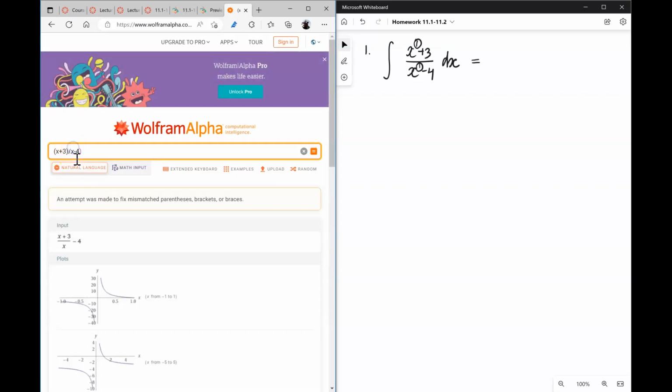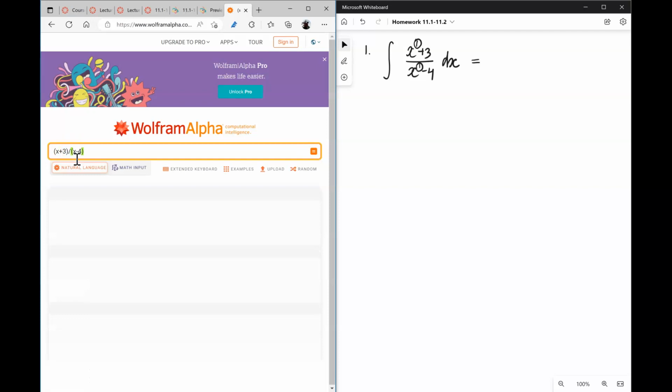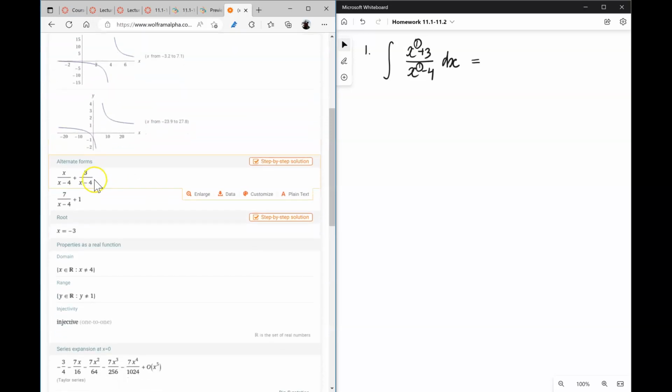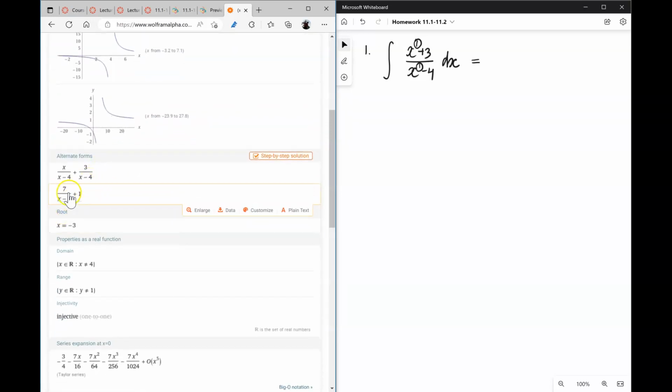And here I'm missing a parenthesis, so you have to make sure you enter your input correctly. Now, one of the alternative forms will be right here. This is the quotient form. So this integral by long division can be rewritten like this.